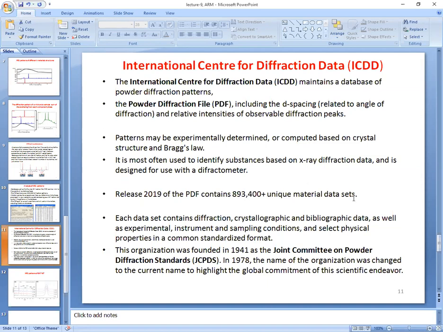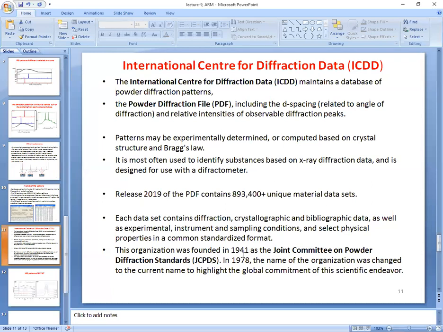So there are, in fact, more than 900,000, about 9 lakhs of PDF cards. This is called a PDF card, Powder Diffraction File, and it has a specific number, a combination of two groups of numbers. Each data set contains diffraction, crystallographic and bibliographic data, as well as experimental instrument and sampling conditions and select physical properties in a common standardized format.